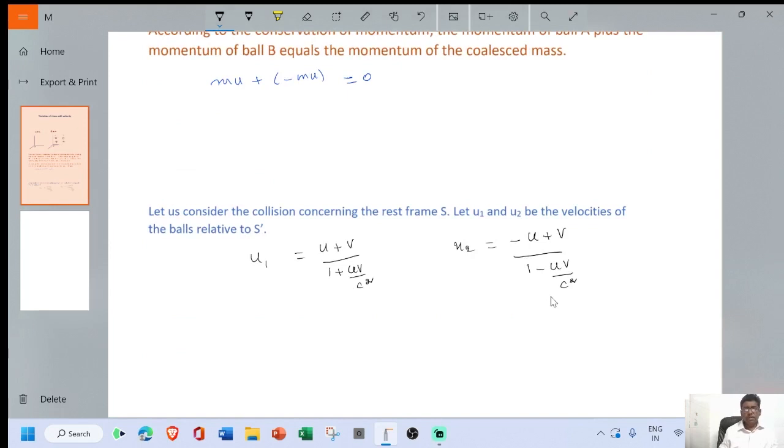Now, according to conservation of momentum, m1 u1 plus m2 u2, which is equal to m1 plus m2 into v.